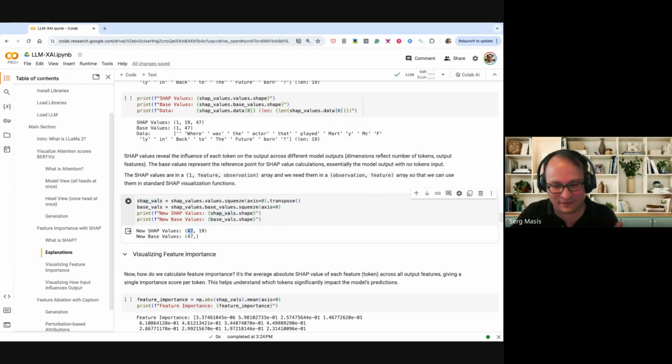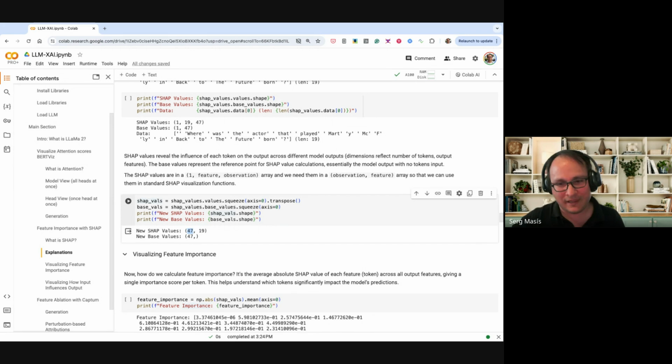And you got the 19 numbers that represent the input, and you got them in a matrix. So if I want to see how much the input impacted the output, what would I do? I would just take the absolute value of all those numbers and then take the average across all the features.